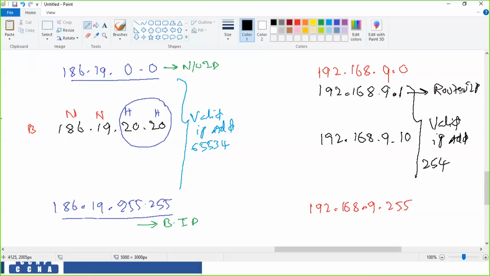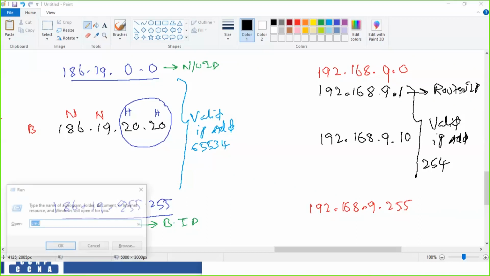It is not a rule. You can use any IP address to assign to the router, from 9.1 to 9.254. But the recommendation is the first usable IP, which everyone follows as a standard.